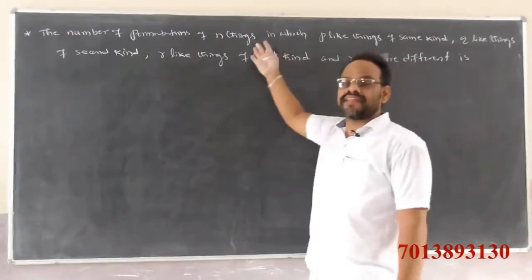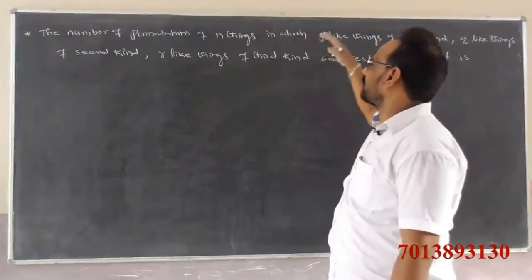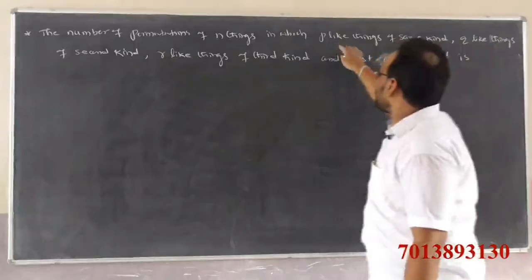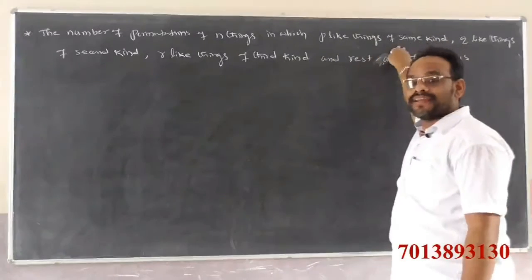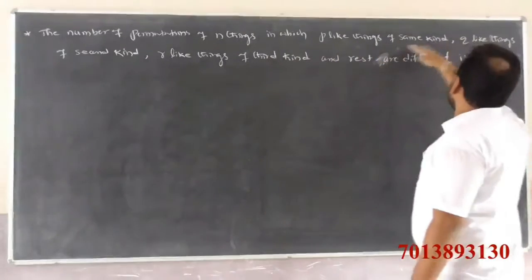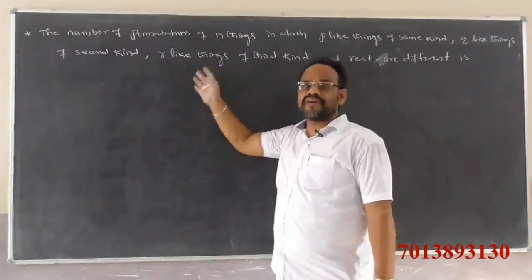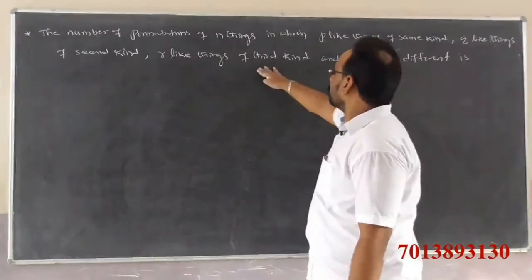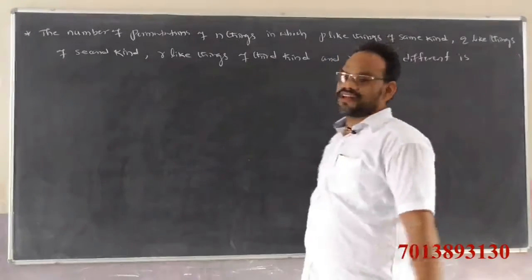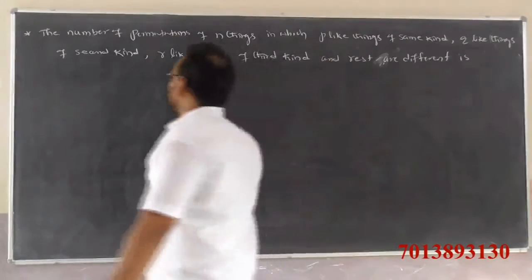The number of linear permutations of n things in which p like things are of the same kind, q like things of the second kind, and r like things of the third kind, and the rest are different, is equal to the formula.